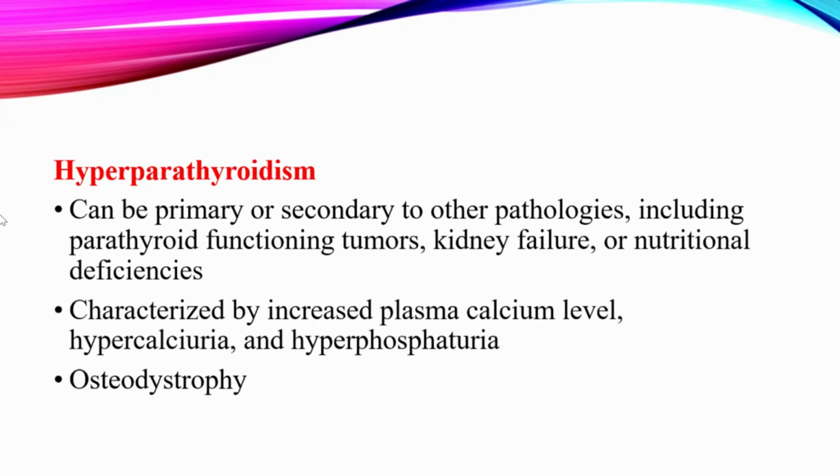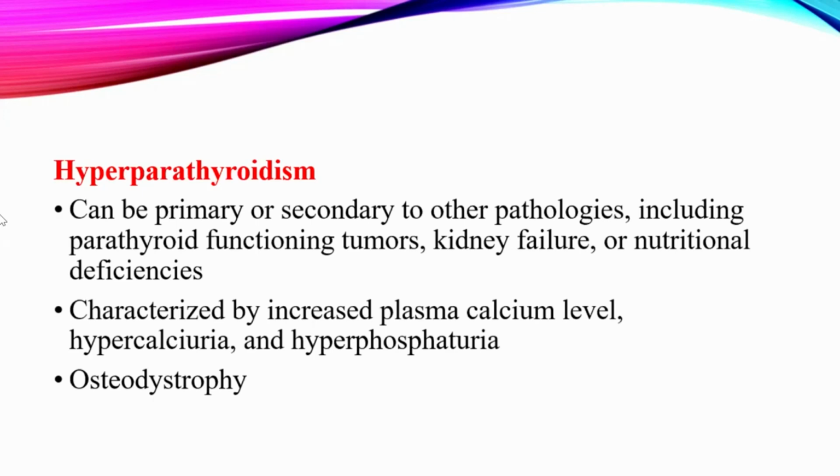When there is a nutritional deficiency of calcium, hypocalcemia causes increased synthesis and secretion of parathyroid hormone, which leads to hyperparathyroidism. Hyperparathyroidism may also be seen in certain cancers, like lung cancers and others, where there is increased synthesis of parathyroid hormone-related protein, which affects target tissues like parathyroid hormone and causes the different characteristics of hyperparathyroidism.